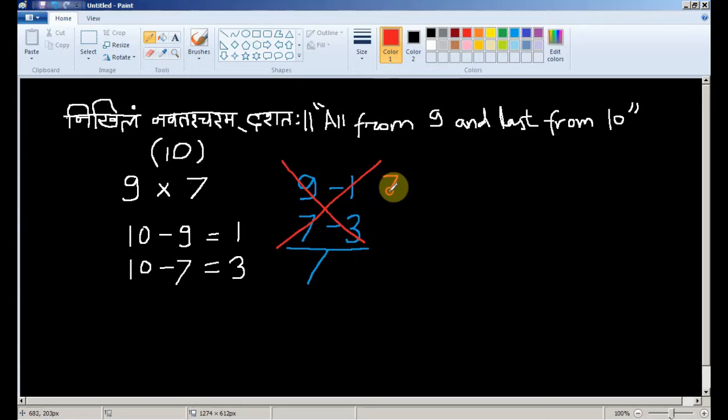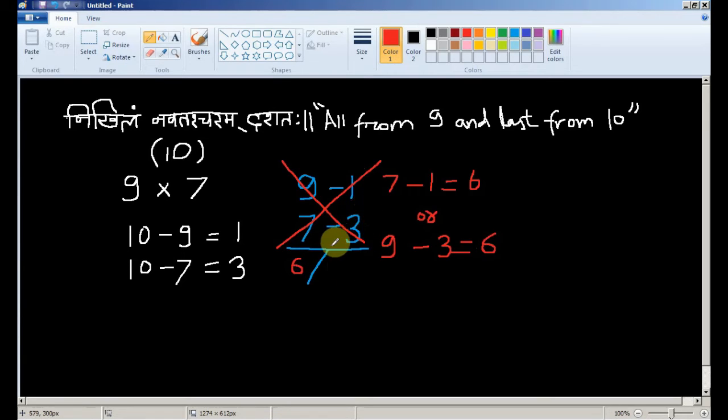So 7 minus 1 will give you 6, or you can do 9 minus 3. Find the bigger number and subtract the smaller from the bigger. So you got 6.